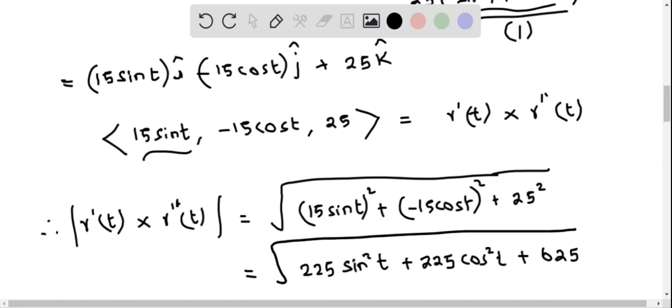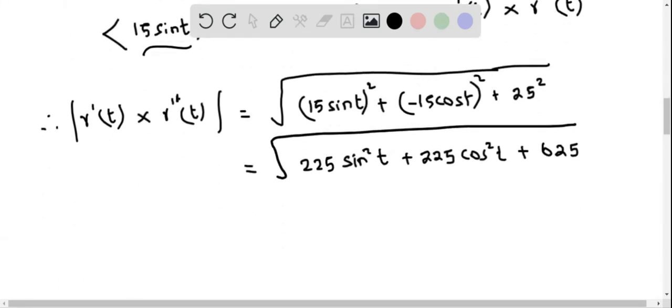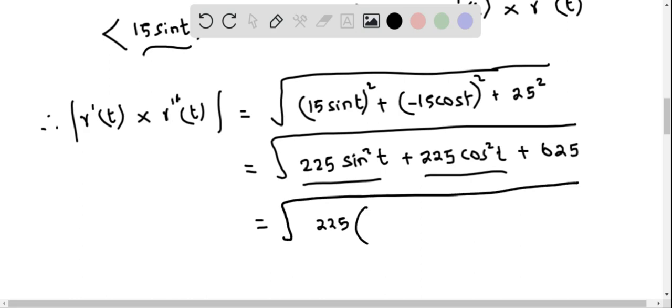So this is under the square root. Now let's evaluate this. We have 225 sine square t plus 225 cosine square t. So when we factor 225 from these two terms, under the square root we will have sine square t plus cosine square t, and then we have this 625.